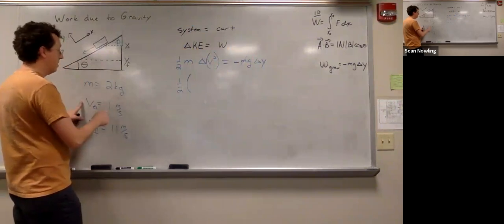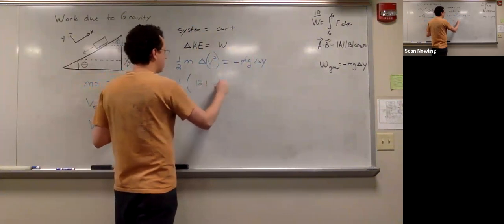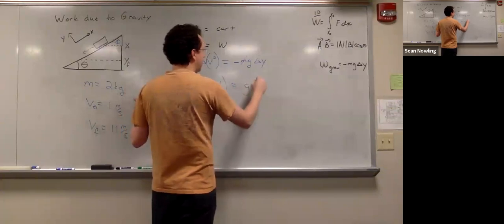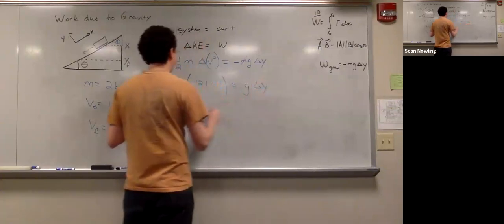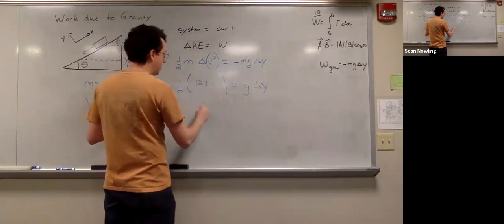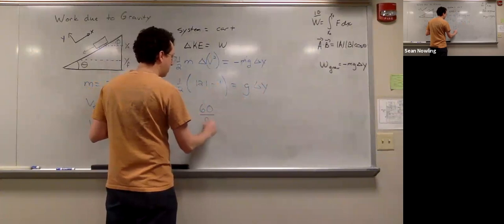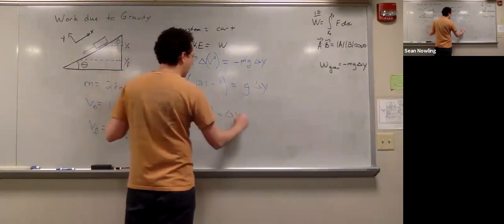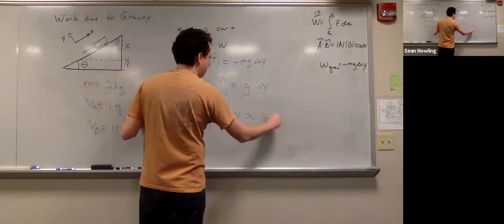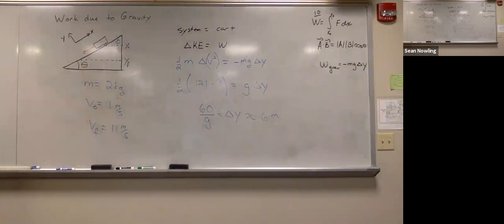Initial velocity squared is 1. So this is 121 minus 1 equals g times delta y. So this is going to be 120 over 2, about 60 divided by g equals delta y. It's pretty close to 6 meters. It'd be a little bit more than 6, but pretty close.